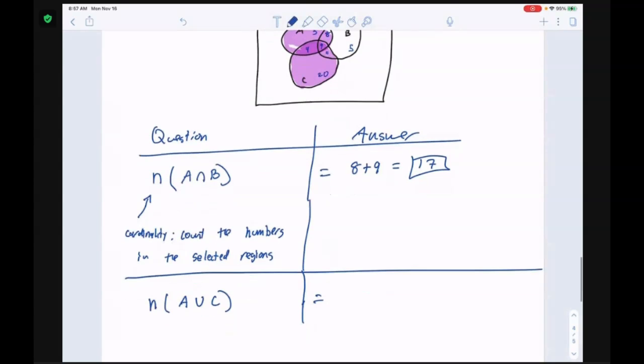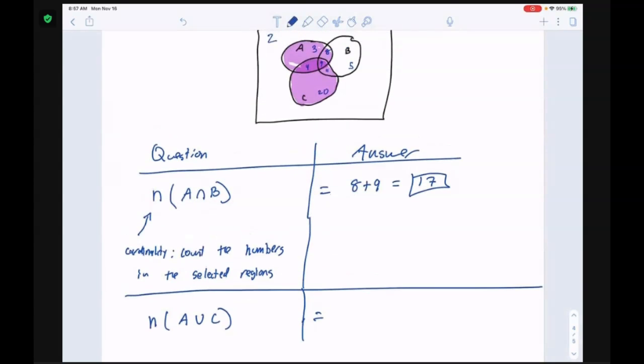So what's my answer? How do I show my work? Is it 4 and 9? It's a lot more. That would be the intersection. This is the union, everything that's in both of them.